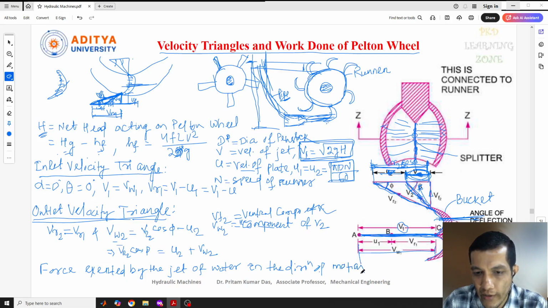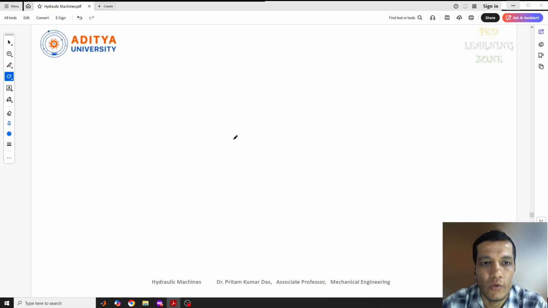We have already found this previously, in our impact of jets. Anyway, I'll tell you again how to calculate it and what the formula is. To calculate the force exerted by the jet in the direction of motion, the formula is Fx equal to mass flow rate.